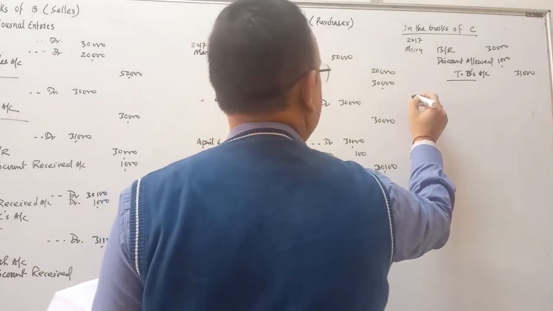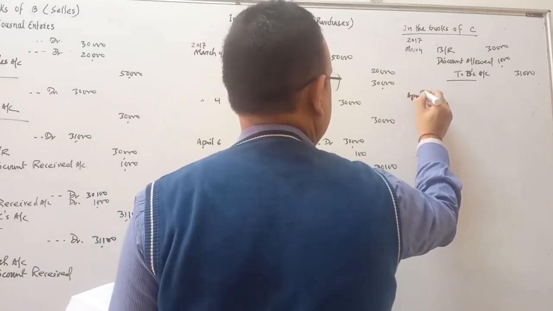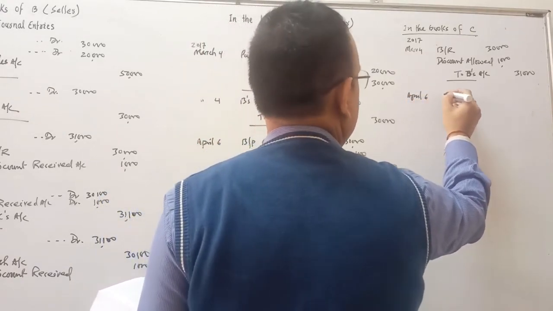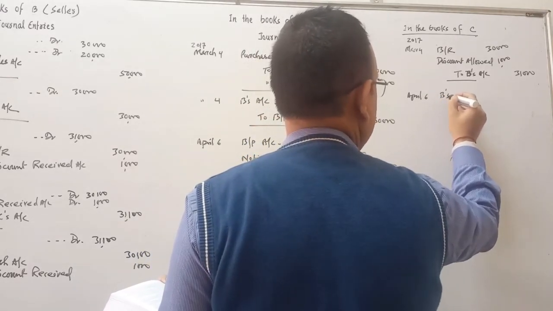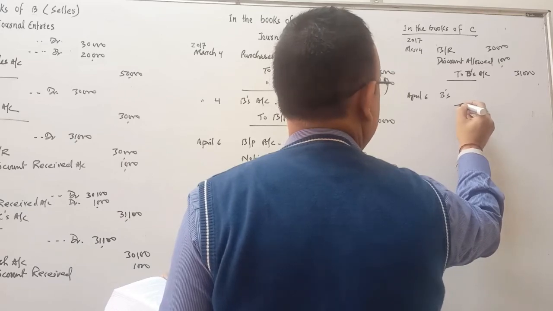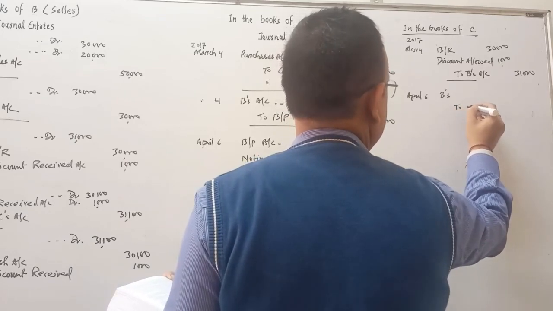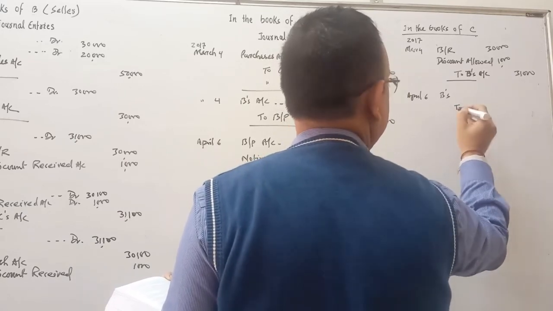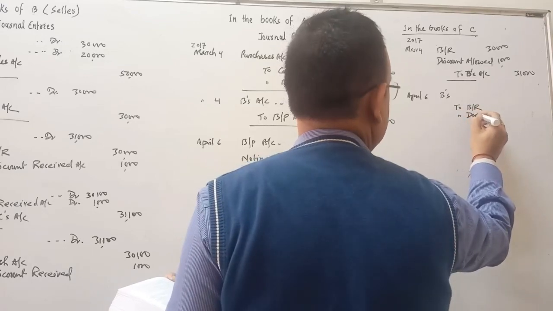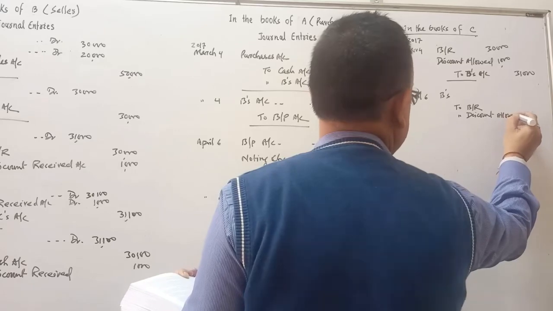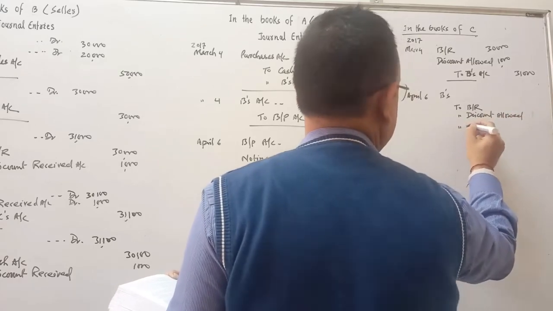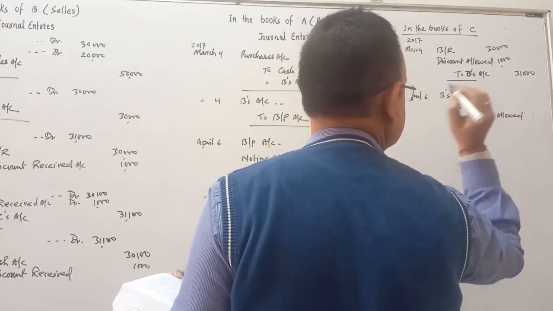On April 6, when the bill is dishonored, the entry will be B's account debit to bills receivable, to discount allowed is cancelled, to cash account for noting charges.